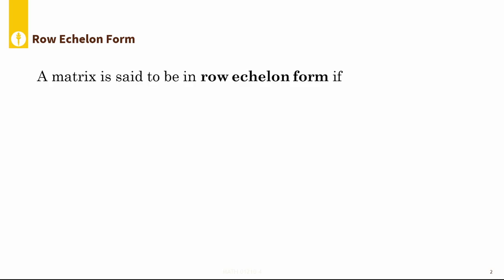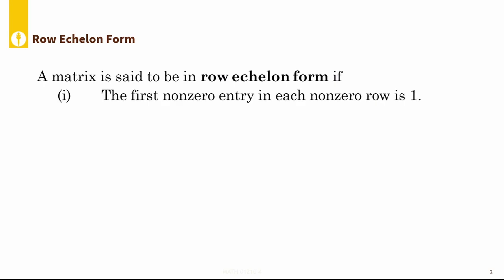Echelon form. Starting with row echelon form. A matrix is in row echelon form if the first non-zero entry in each non-zero row is 1.